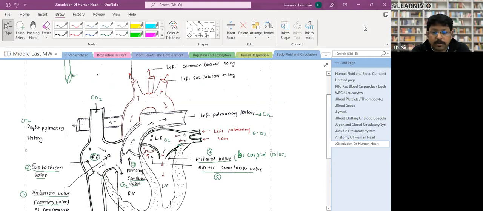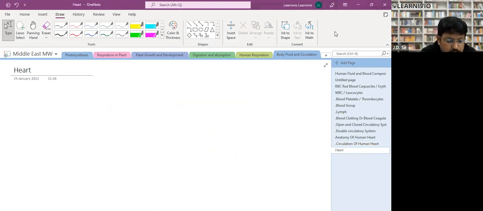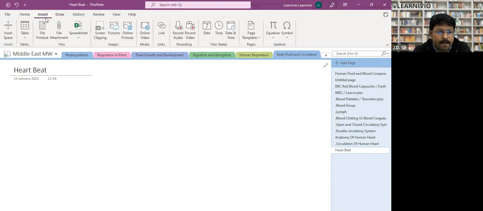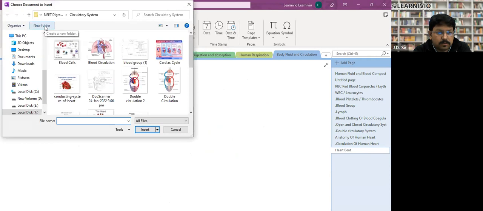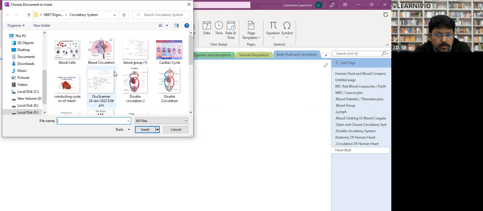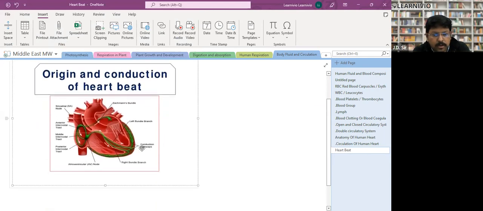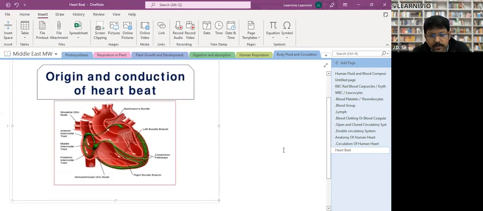So the next heading must be heartbeat. How does the heartbeat originate, or how does the heartbeat start? Look, this is how the heartbeat originates and conduction takes place.